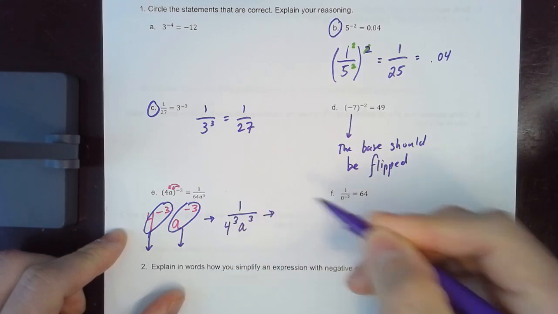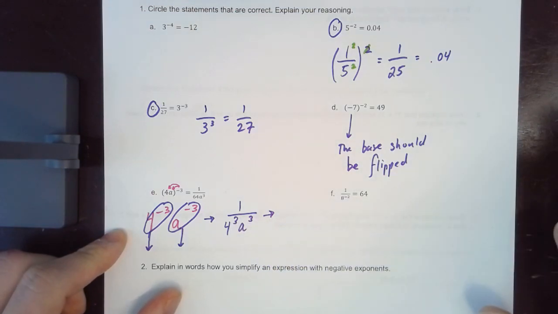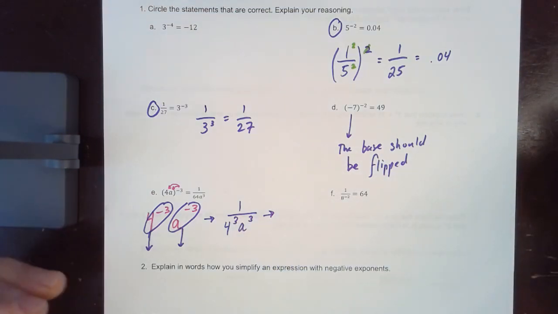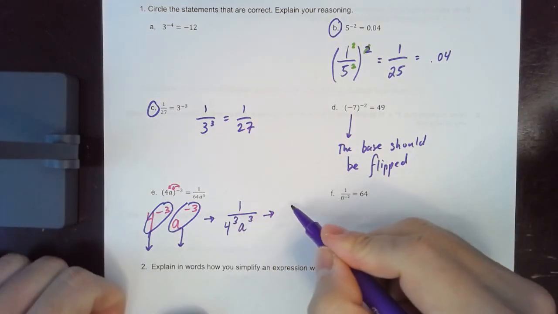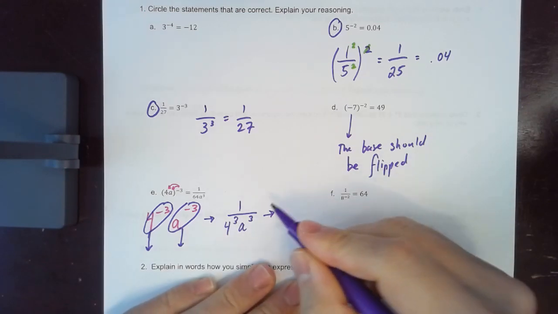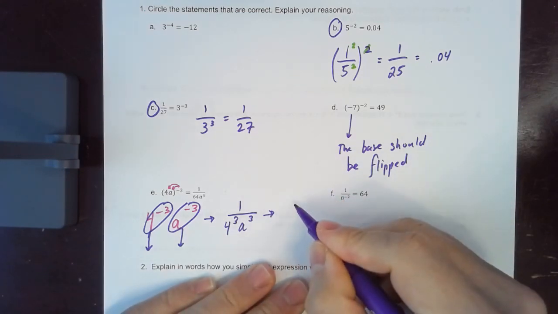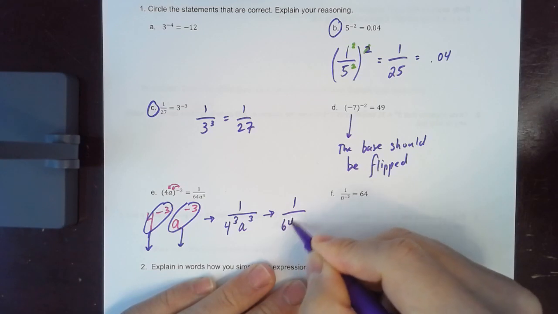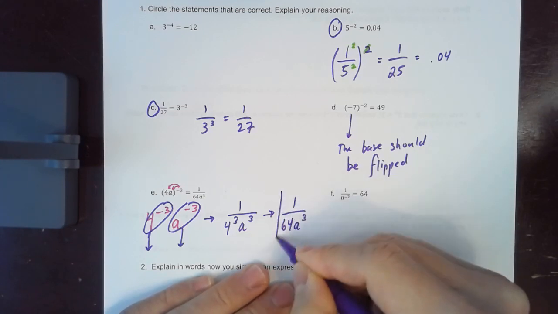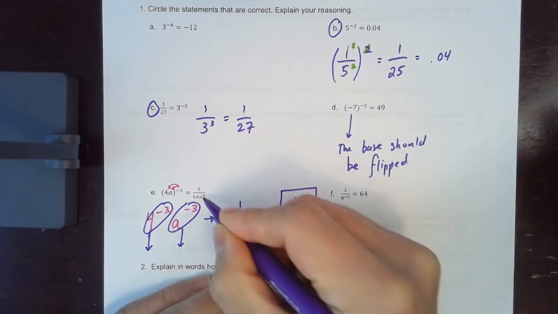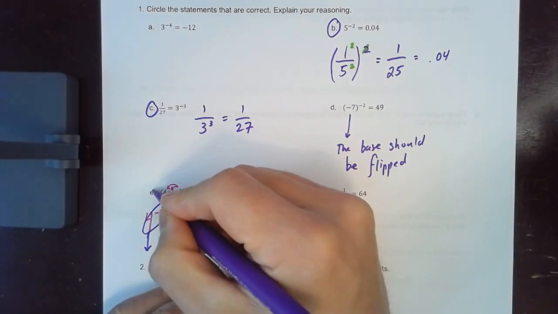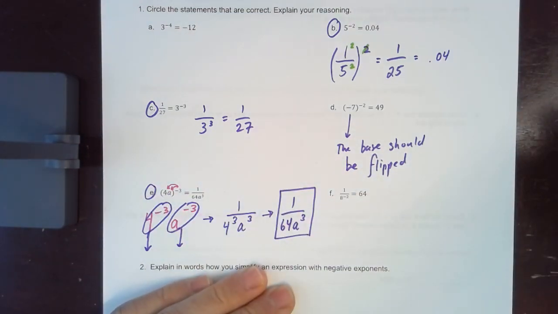Then you have to also realize, class, that 4 cubed is not the final answer because you technically can calculate that. We all know that 4 cubed is 4 times 4 times 4, and that's going to be 64. So this is 64a cubed. That's the final answer, and that's exactly what it said. So E works.